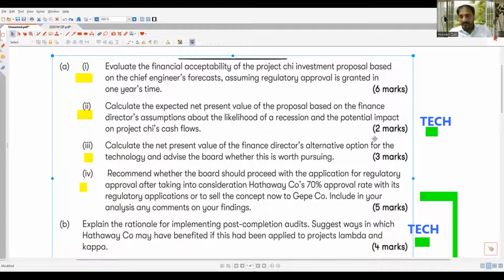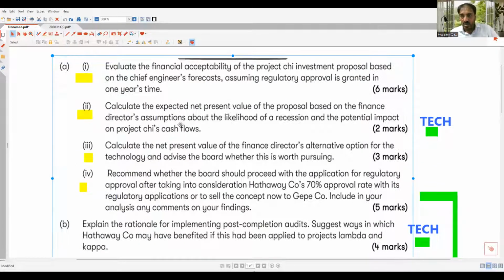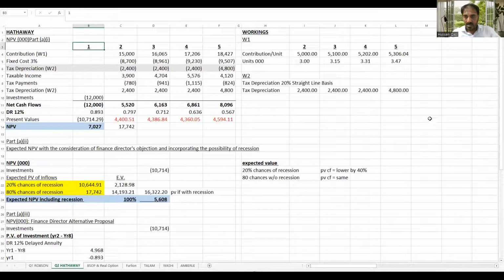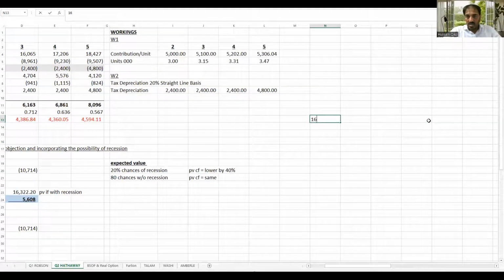Before coming to the theoretical aspects of part A, I must say that if, for example, this is a 16 marks question, then 16 marks is actually technical.